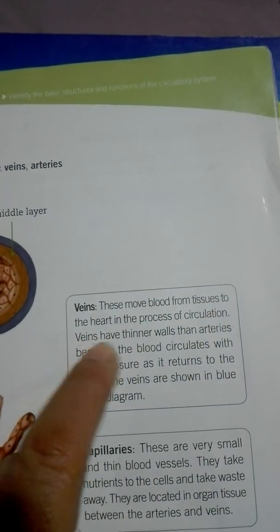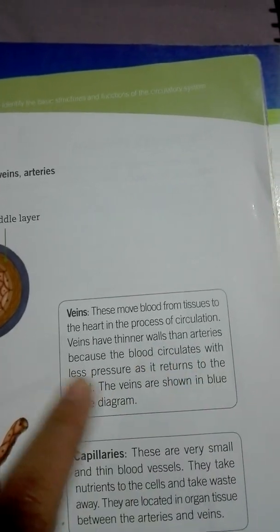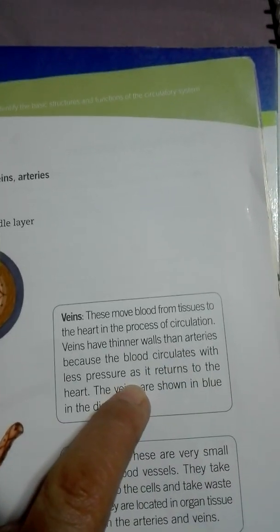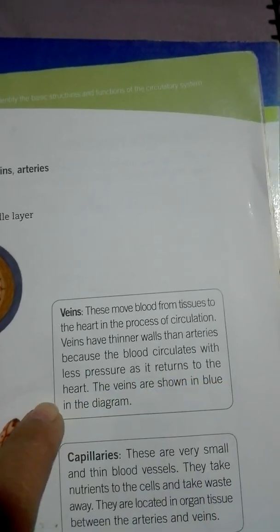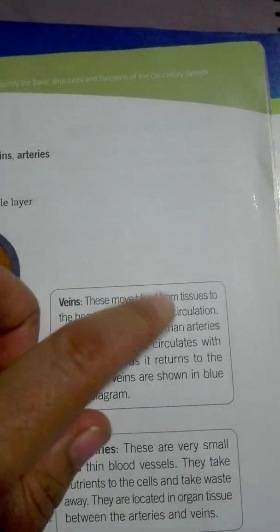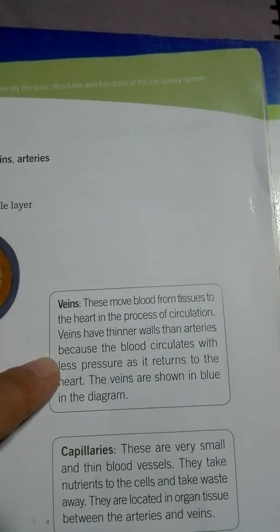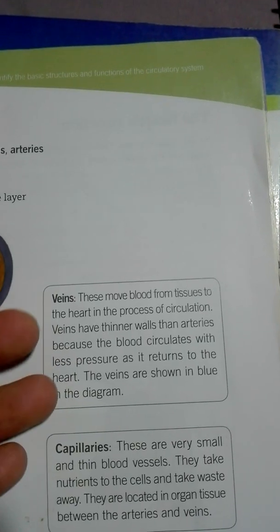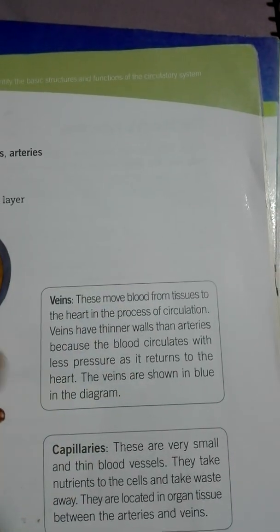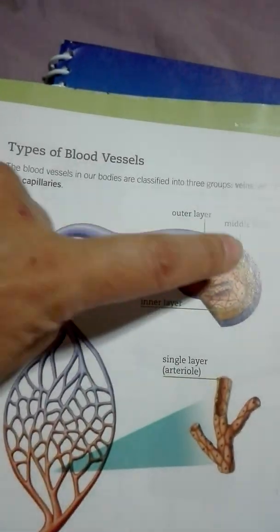The veins have thinner walls than arteries because the blood circulates with less pressure as it returns to the heart. Dice que las venas tienen unas paredes más pequeñas, thinner walls, que las arterias, porque la sangre circula con menos presión cuando esta vuelve, ¿a dónde? Vuelve al corazón.